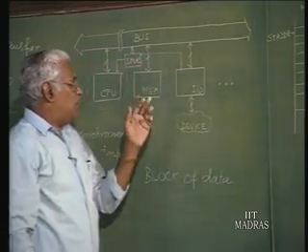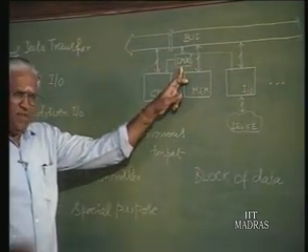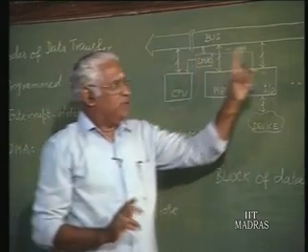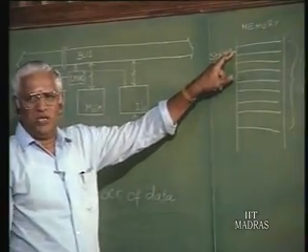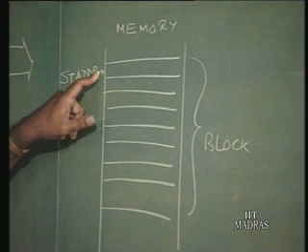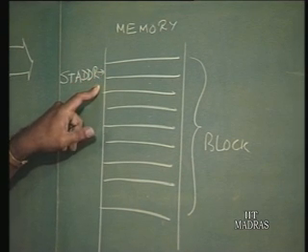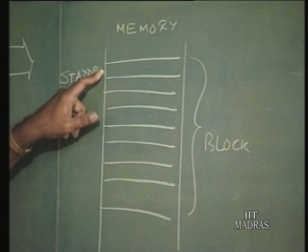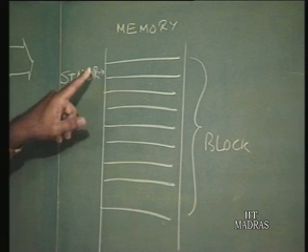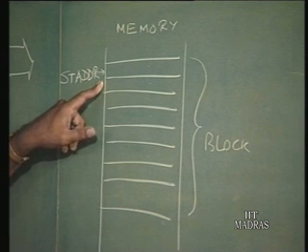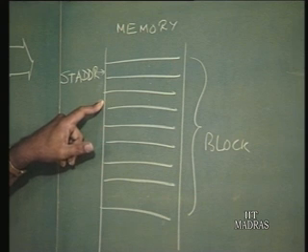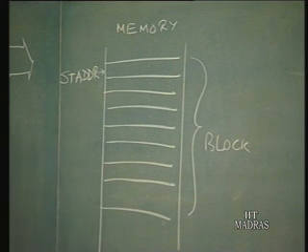Also the DMA controller, as you can see, has a very special role. It is only going to place the address of the memory location and then generate the appropriate read or write signal, only that. This address, read or write depending on input or output, then next address, that address plus 1, then read or write, that address plus 1, read or write, like that it is going very fast.